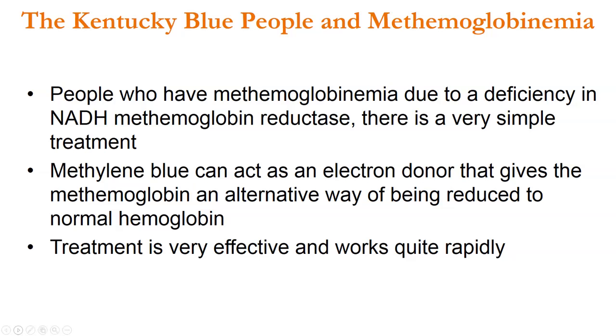Now, the fact that it's blue has nothing to do with the blue color of the condition, but if you give somebody that, it's an alternative way to reduce the iron, and then they can actually become normal. They can make the hemoglobin back to normal. Okay, so it actually works very effectively, very rapidly, no real side effects. So anybody who has this version of methemoglobinemia, you could just take this now and you wouldn't know it.